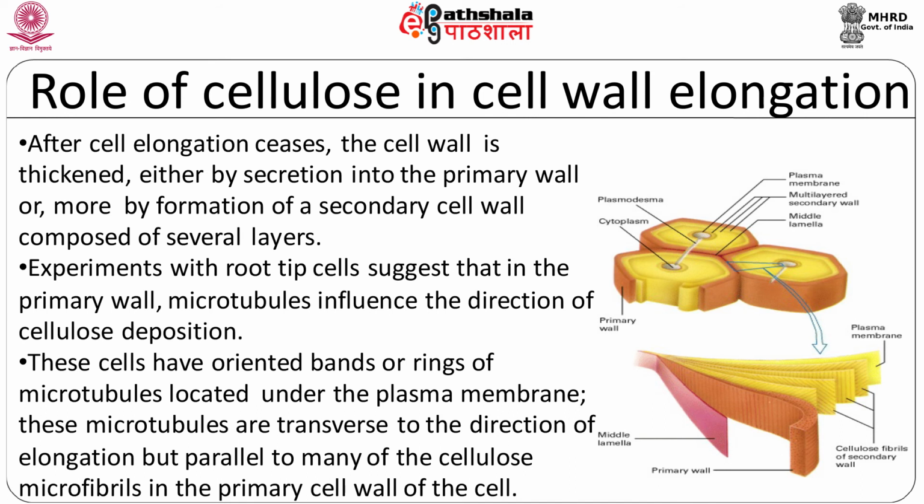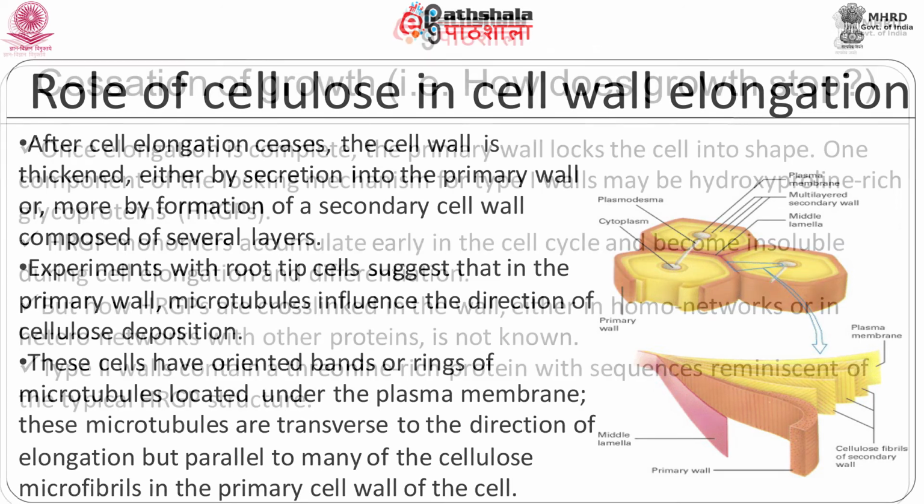These cells have oriented bands or rings of microtubules located just under the plasma membrane, and these microtubules are transverse to the direction of elongation but parallel to many cellulose microfibrils in the primary cell wall of elongated cells.